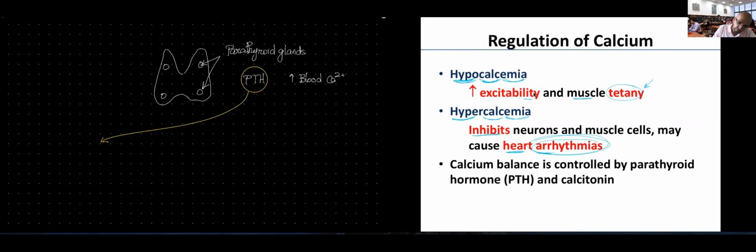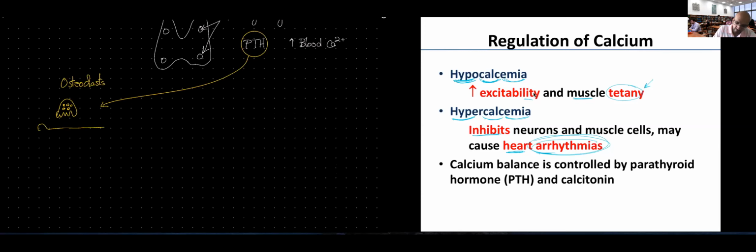First one, it stimulates the bone-eating cells in your bones, because those are my osteoclasts. They will be breaking down my bones, and this will cause the release of the calcium out in the blood to increase the blood calcium level. A second action of PTH will be by acting on the small intestines.